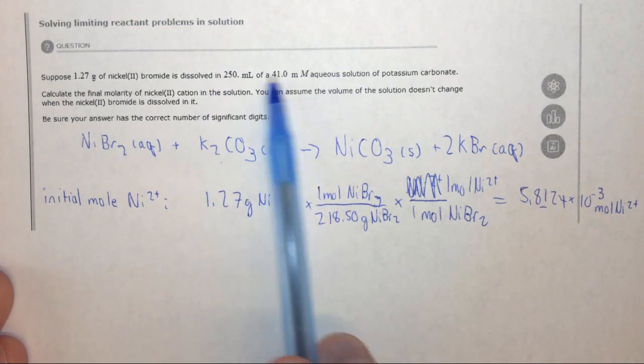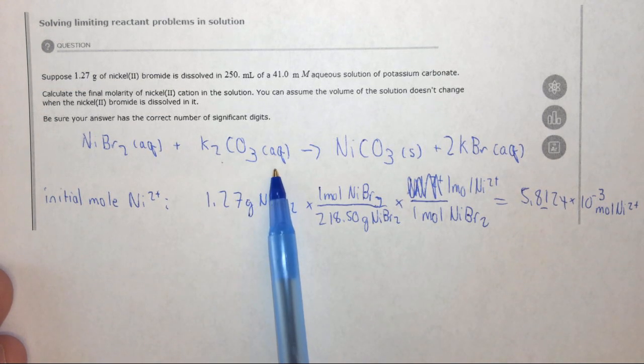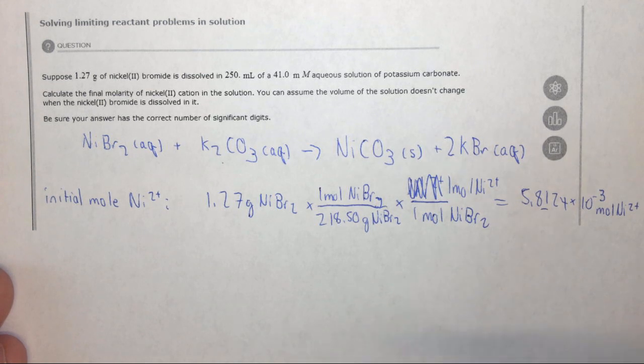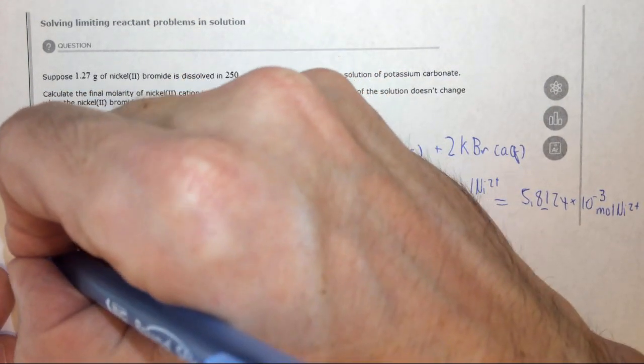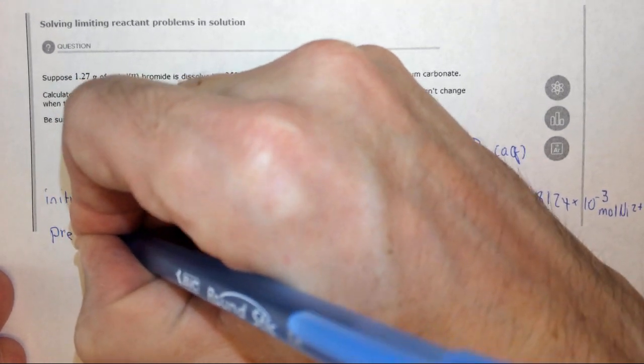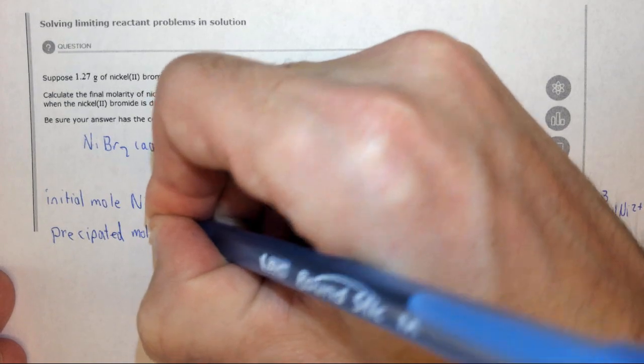We then add some potassium carbonate, and we need to figure out how many moles of that Ni2+ will react. So we need to find out the precipitated moles of Ni2+.